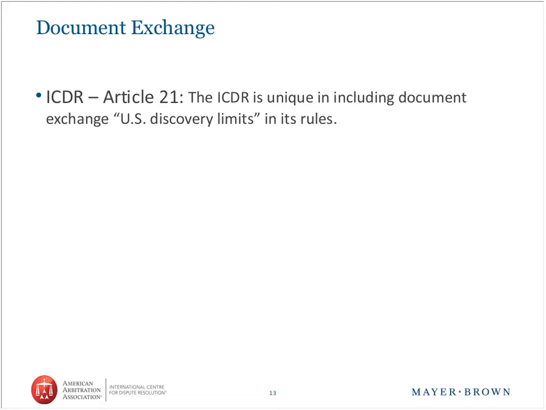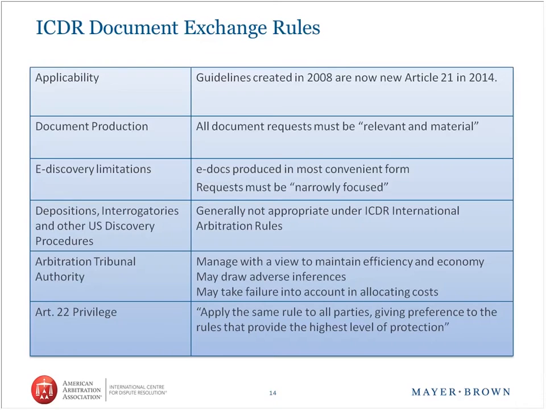That's great. So this was another example of some rule changes we did along the way. In 2006, we created the emergency interim relief mechanism, and in 2008, we created guidelines for document exchange, and the marketplace was clamoring for a more efficient process. And we put together an advisory committee to really help us with this.